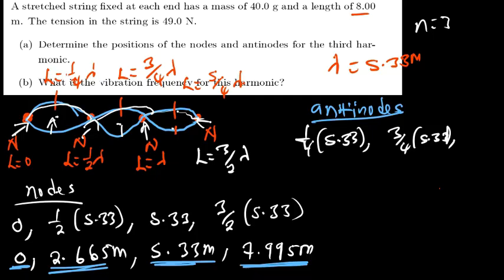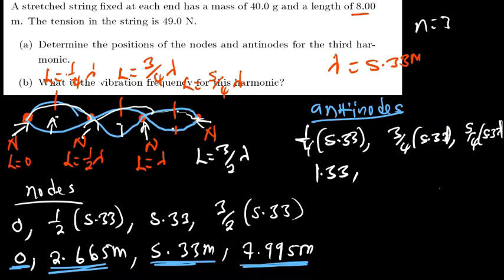Then another one will be 5 over 4 lambda, where lambda is 5.33, like that. So I'm going to have 1 over 4 times 5.33. I'm getting 1.3325, but I'm going to just put 2 decimal places. It's okay.